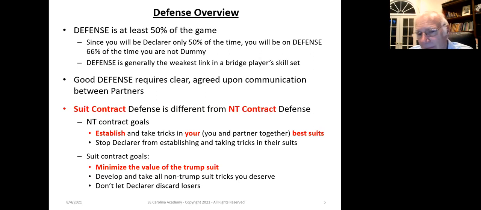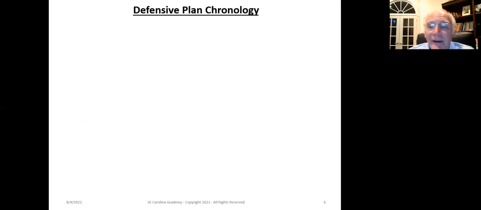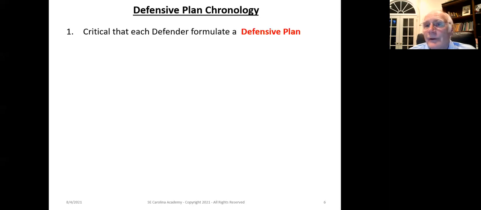So again, this is another race that's taking place, in that you're trying to establish your winners and take them, and the declarer is trying to throw his losers away on winners or to trump them. This is kind of the story of the turtle and the hare. And I don't know which one you are or which one I am, but generally I'm going to bet on the hare.